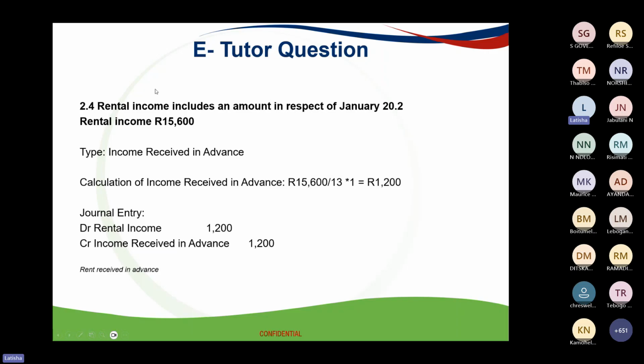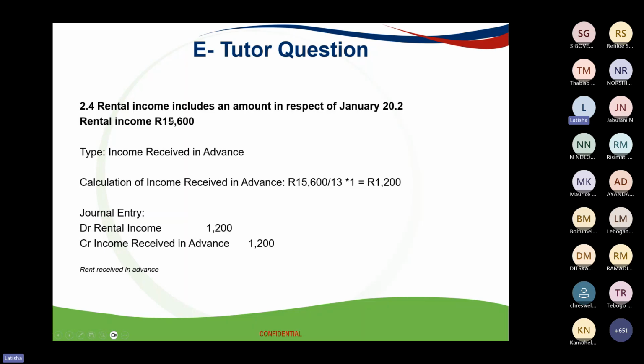So the information tells us that we have received rental income, including the following year, 1 month. So our period is January to December 20.1. That's our financial year. The information is telling us we've also received an extra month. And this is the full amount that we've received in the pre-adjusting trial balance.